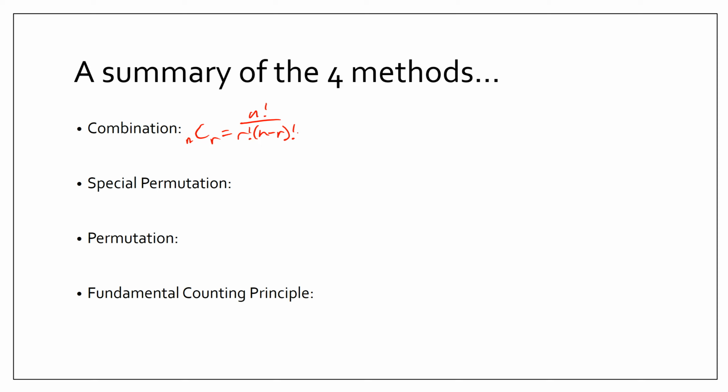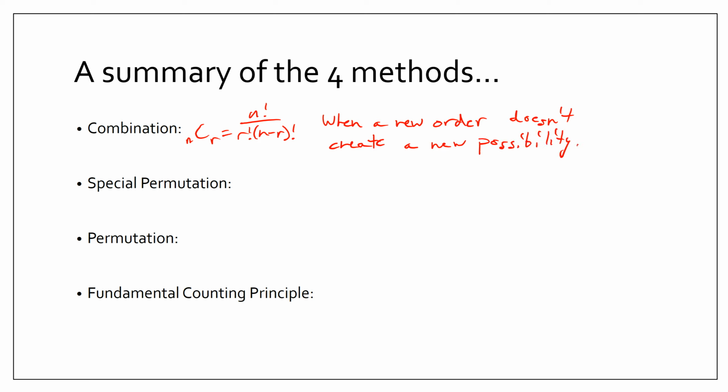And remember the combination is when a new order doesn't create a new possibility. So when a new order does not create a new possibility, in other words, order doesn't matter.